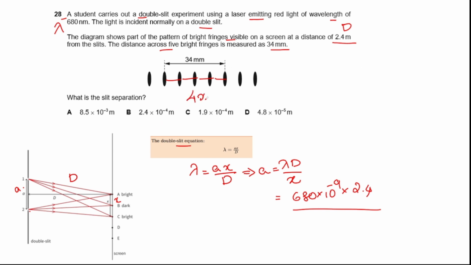So that 4x is equal to 34 millimeters, so 10 to the power of negative 3. So x will be equal to 34 times 10 to the power of negative 3 divided by 4. So you can do it separately and substitute, and the value after calculation will be equal to 1.92 times 10 to the power of negative 4 meters. So the correct option is option C.